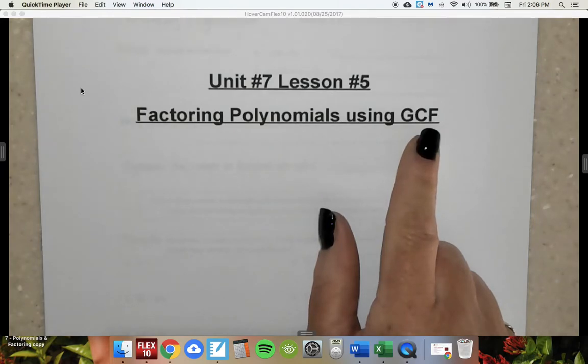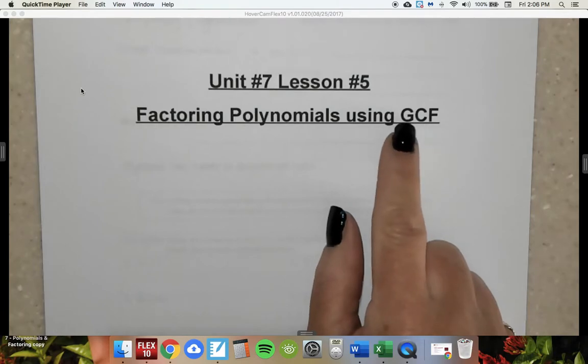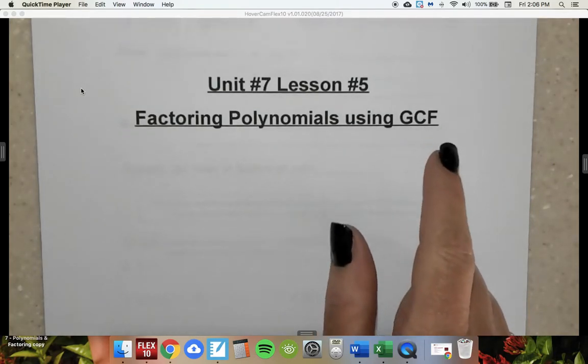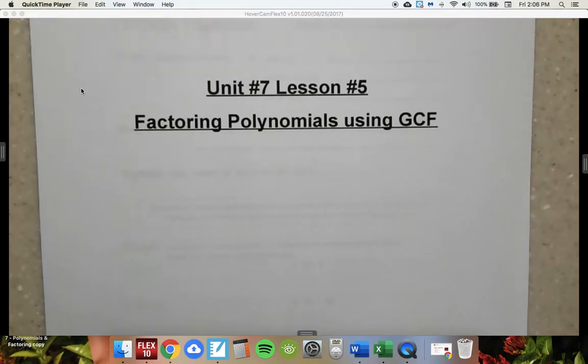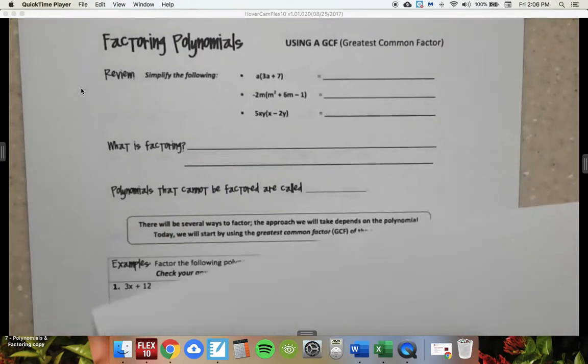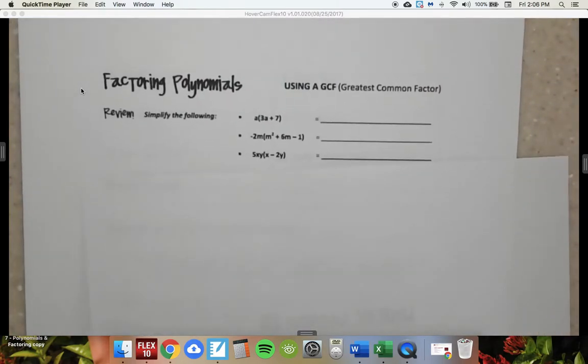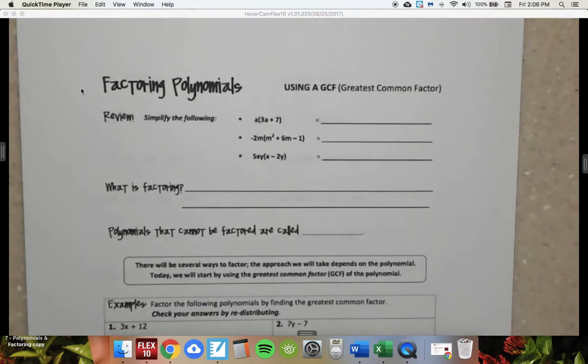What can you divide out from both of those or all of those terms? This is not something I talk about a lot, this GCF, but you're going to hear me use my own version of it. Once we get some of the notes down, you're going to see that I'm going to switch to lined paper because otherwise it just gets super blurry.